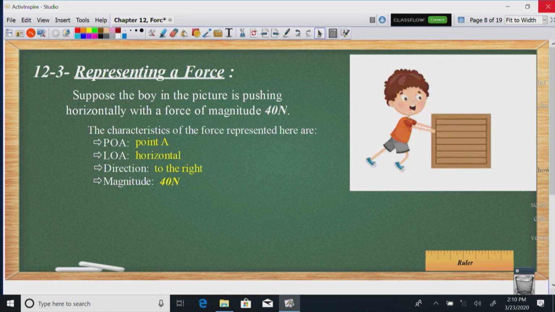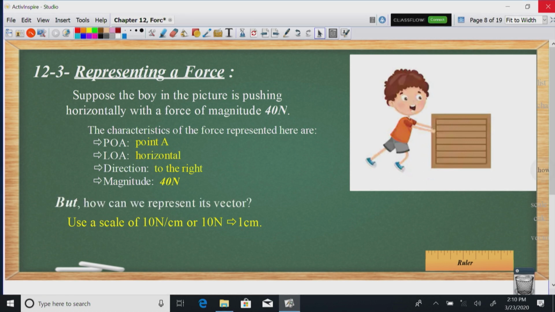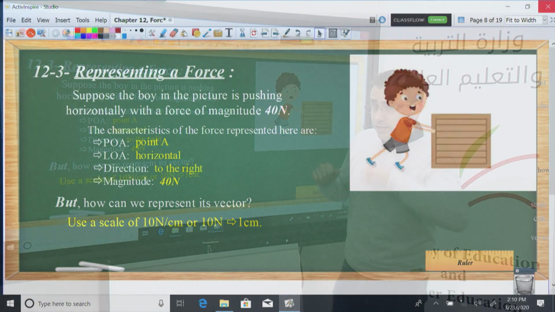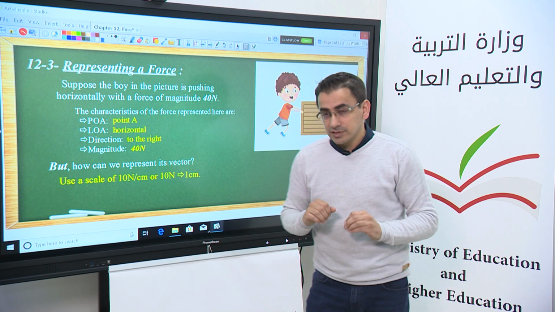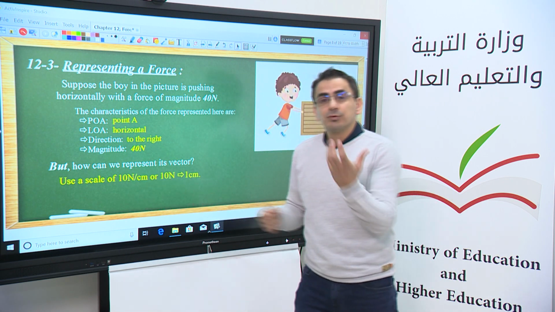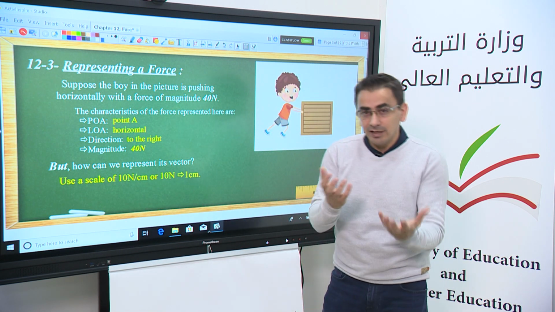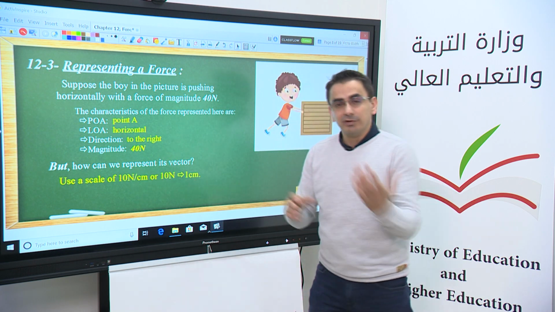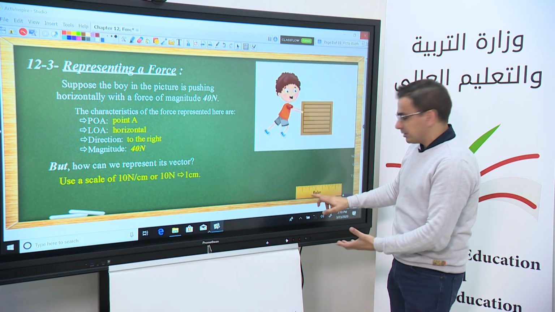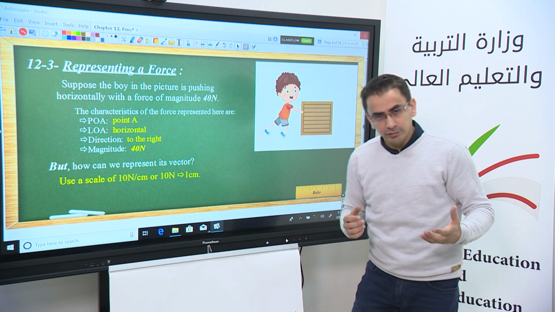هون I called it point A just for simplicity as well. You can add it on the figure and show it. Now, how can I represent this force? If you want to represent the force, بدك ترسم هاي الفورس على هيدا الفيجر. كيف ترسمها؟ So, first thing, in order to draw a force, فينا نحدد شيء اسمه scale اللي هو مثل مسطرة لتساعدني ارسم الفورس. ما عندي مسطرة أنا هون, هي عندي مسطرة. ما عندي مسطرة مكتوب عليها نيوتن.